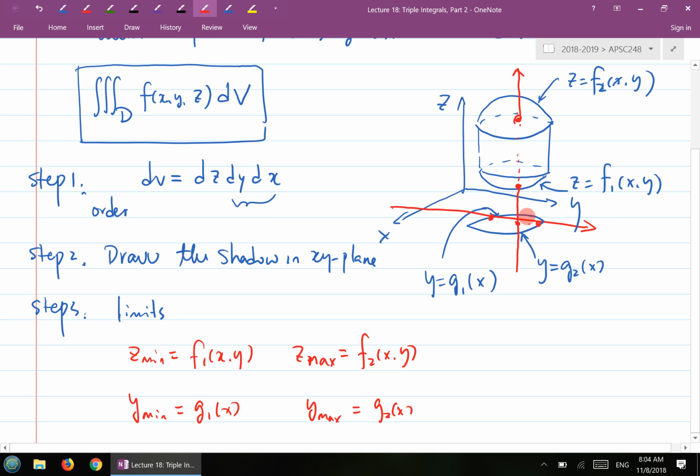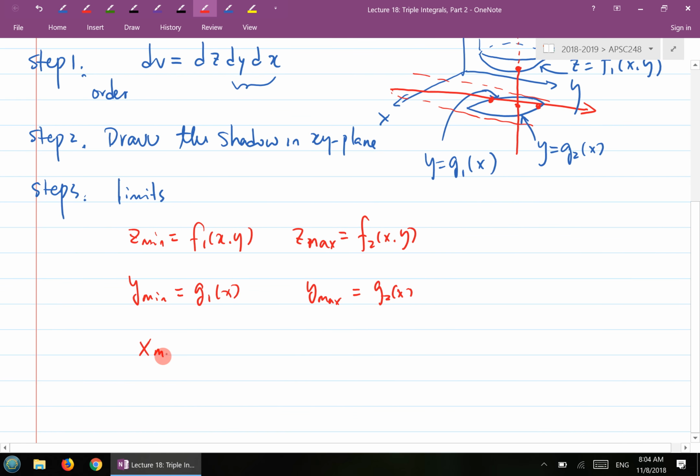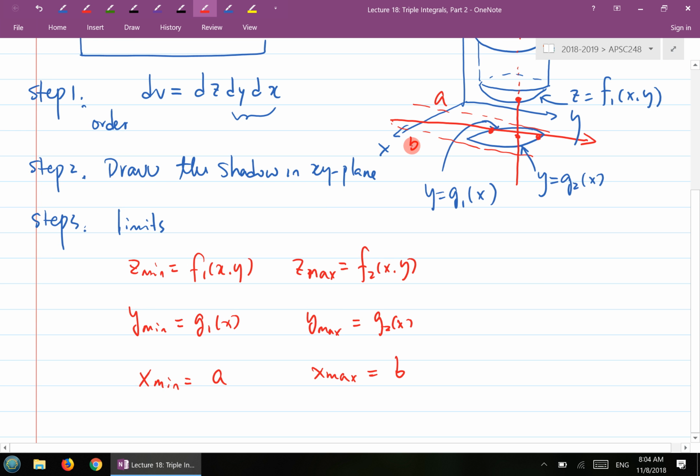And the last step is you sweep this second arrow line across the shadow and find the limits for x min and x max. The last limits for x must be constants instead of variables or functions. So your x min could be a constant a and x max could be a constant b. Those are the steps to go through this scanning process to find the limits.